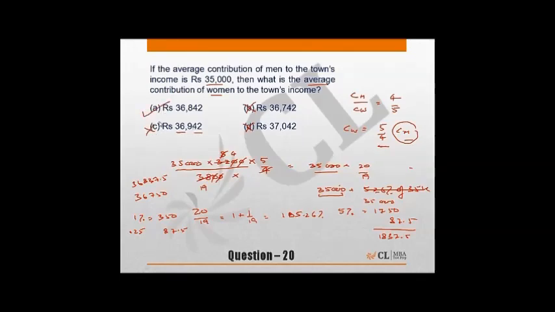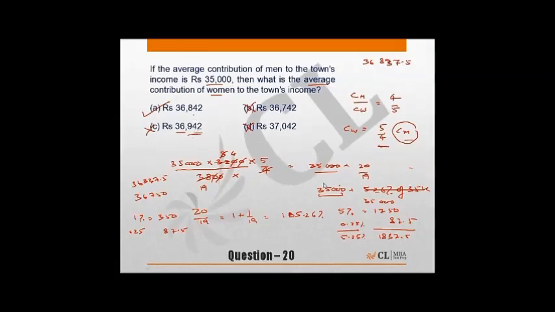Those of you who are wondering why I have straight away marked this as the answer, please understand, till now we have got a total of 36,837.5, and we have calculated 5.25%. So this 5.26% will not take it beyond 36,900. 842 to 942, it will not happen.